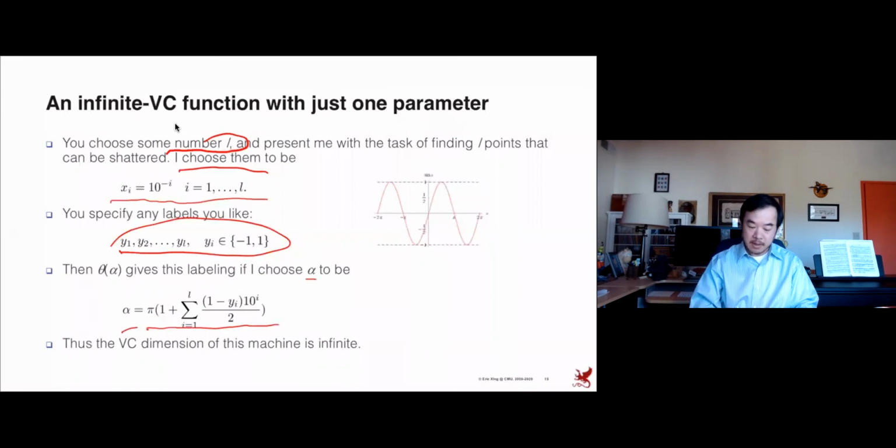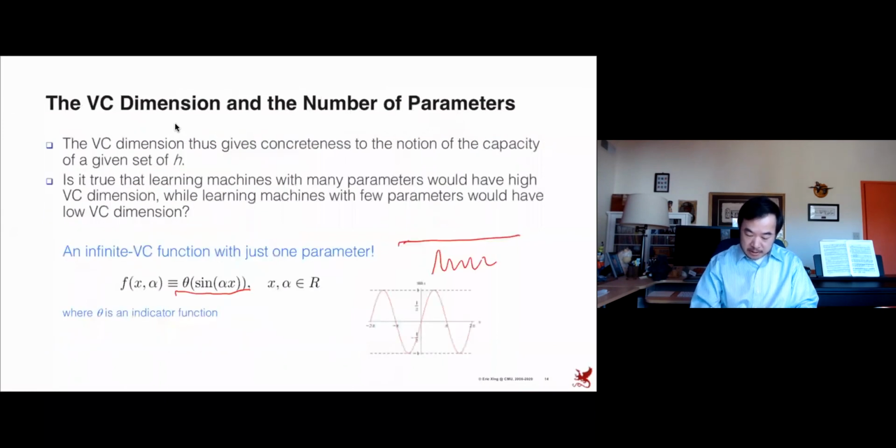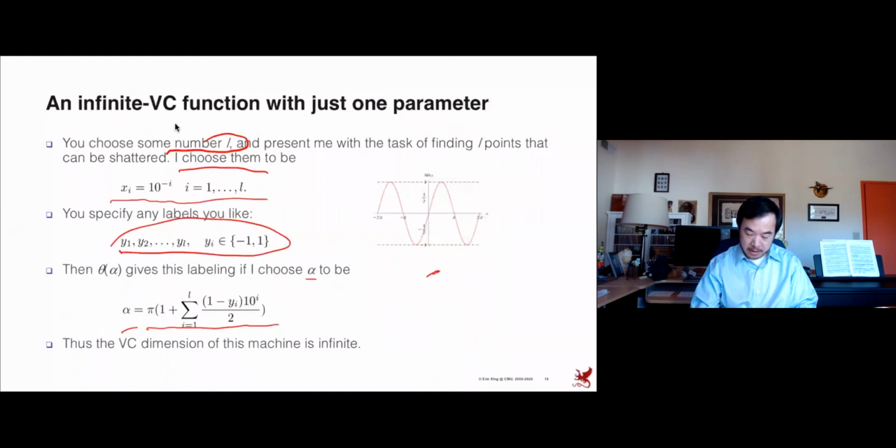Remember, the function says it is sine of alpha times x. And how can this equal y_i? That's basically the question.